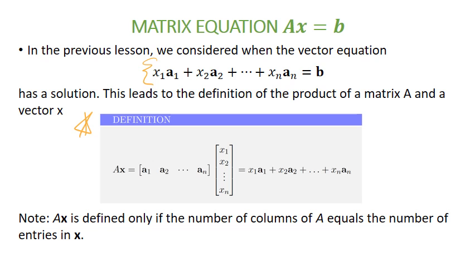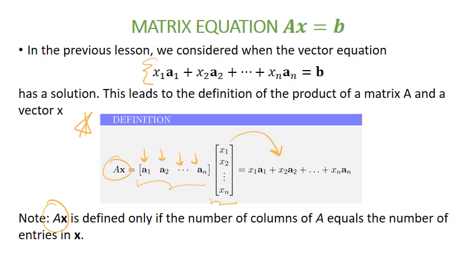So we talked about how AX can be written as this matrix times this matrix, which in turn results in this linear combination.